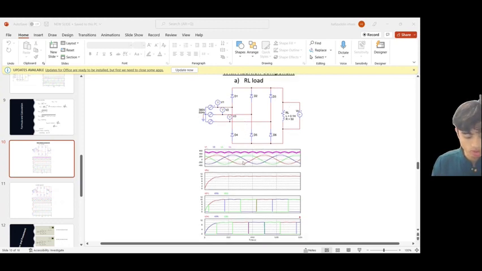So we're going to see the difference of the input current at the output.